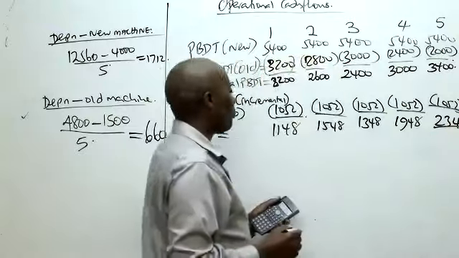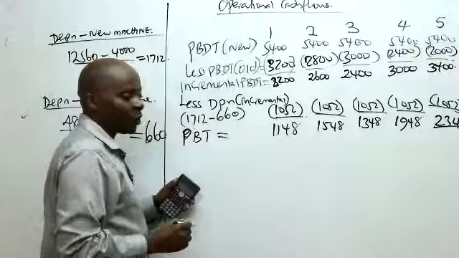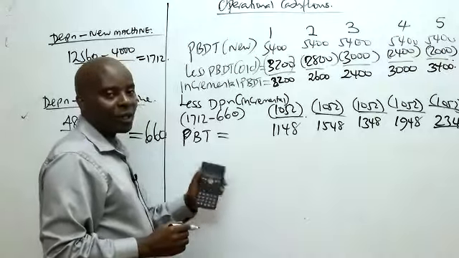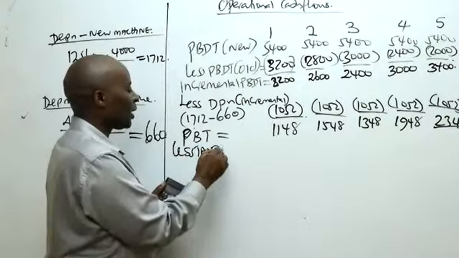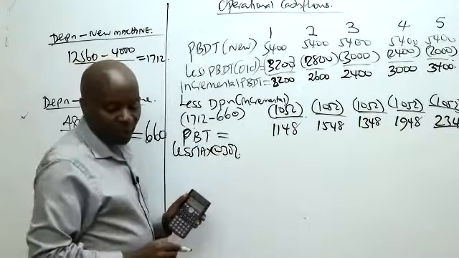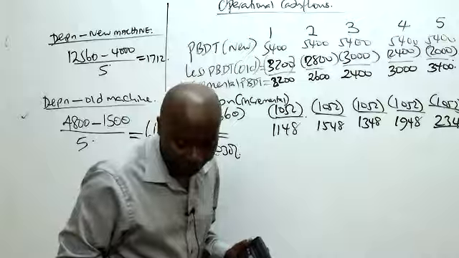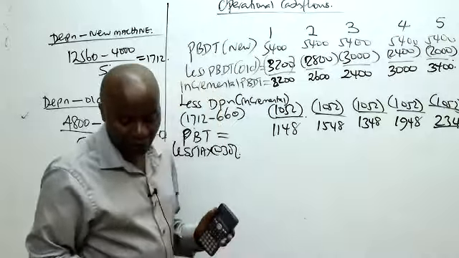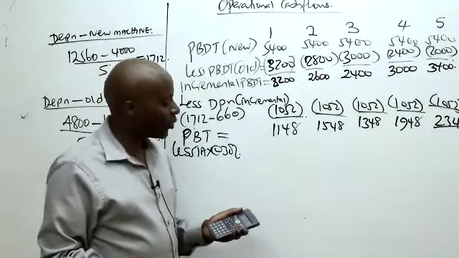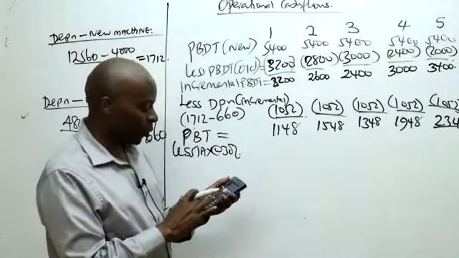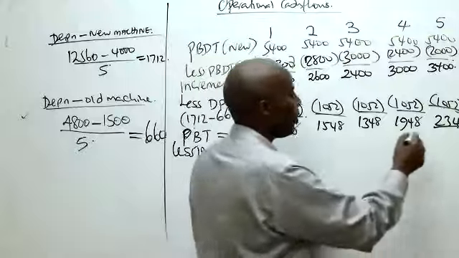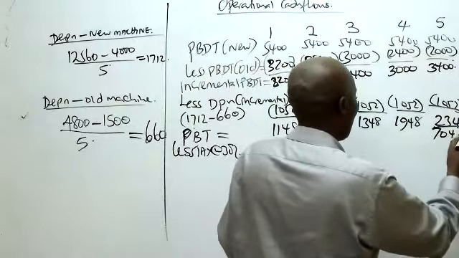Once you have your figures, these are profits before tax. Go ahead and share these with the taxman. So less tax at 30%. The 30% rate was given in the last paragraph before required. So we have times 0.3. The last one is 704.4.